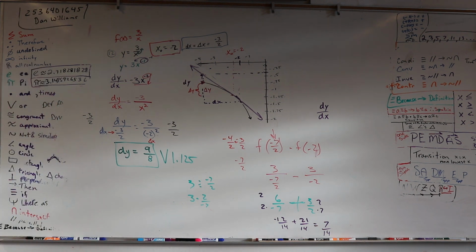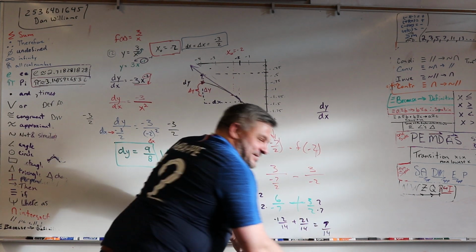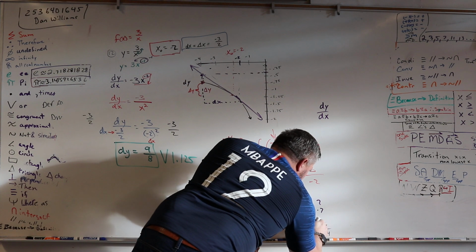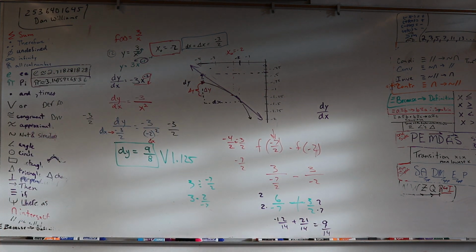Well, I just wrote all that, so. Why is it 7 over 14? 21 minus 12 is 9, isn't it? Look at that. Yeah, duh. Oh, smartness. Because I'm being dumb tonight. Today. Every day. Just kidding.